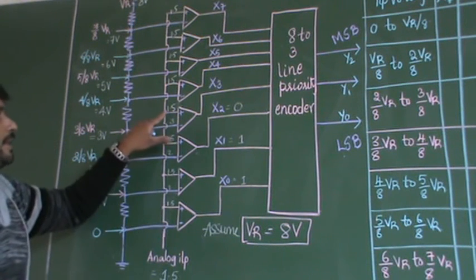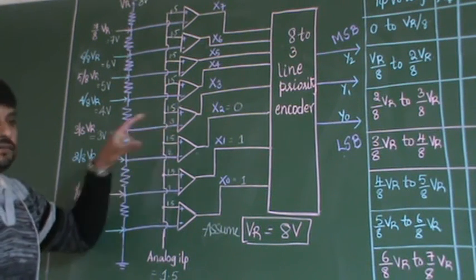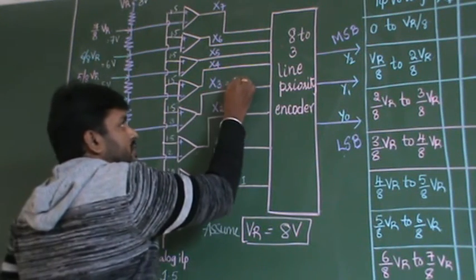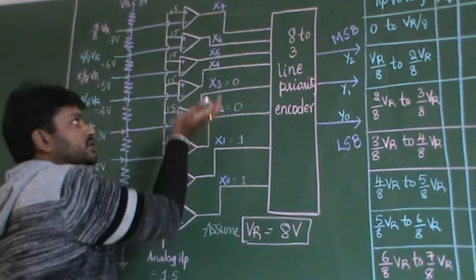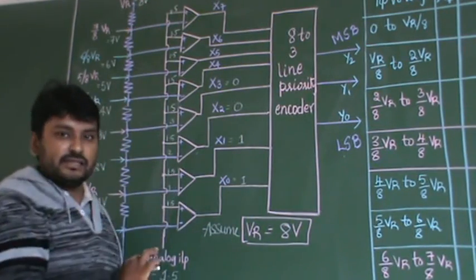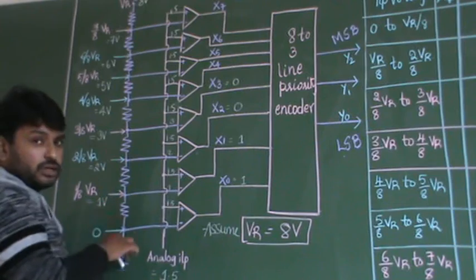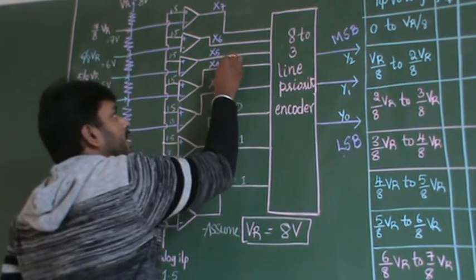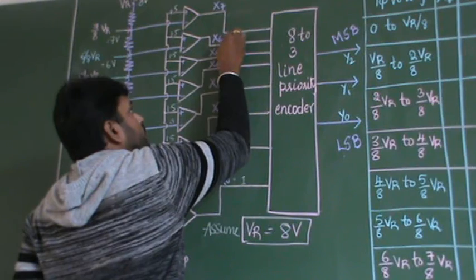Again I am comparing 1.5 and 3. The negative terminal is more than the positive terminal, so this output is also 0. Likewise, as it grows upward, once it becomes 0, the rest will obviously be 0 itself. You can try substituting these values here. So the rest of the values will be equal to 0.